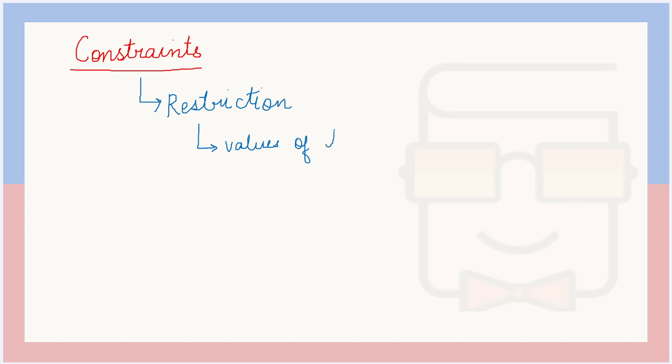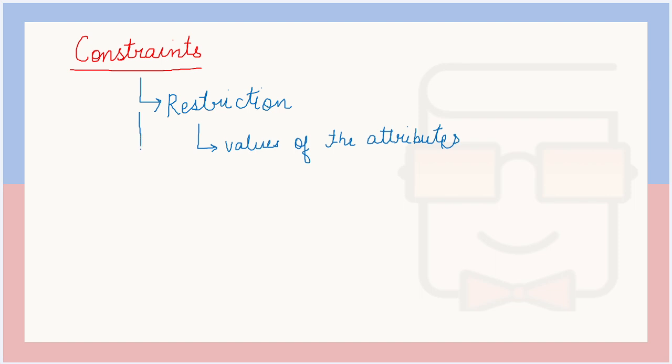A relational database consists of relations or tables, and each table consists of vertical columns, also known as attributes. Now what are the restrictions that we want to impose on each of these attributes? These restrictions can be defined using different constraints that are provided by SQL.